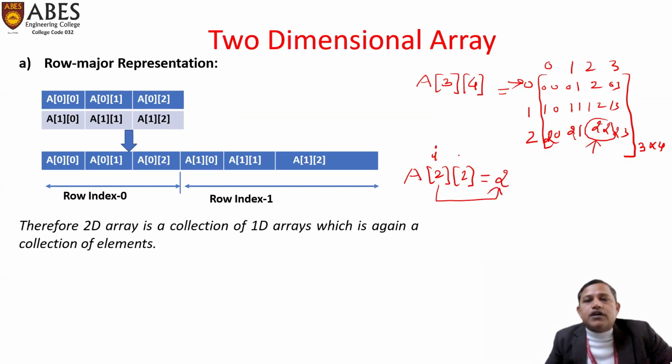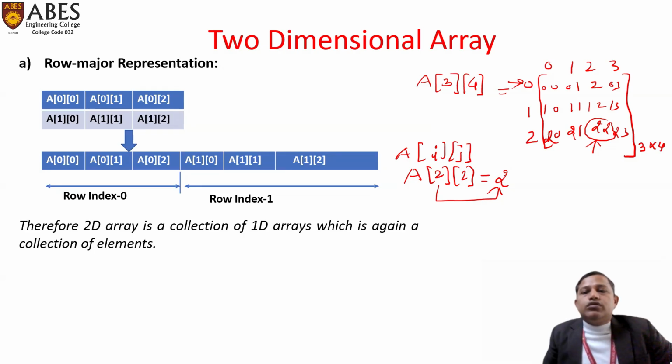If it is represented as i and j, here i is 2 and j is 2, so you cross 2 rows. How many elements are in a row? There are 4 elements, which is the number of columns, so 2 into 4. And how many rows do you have to cross?